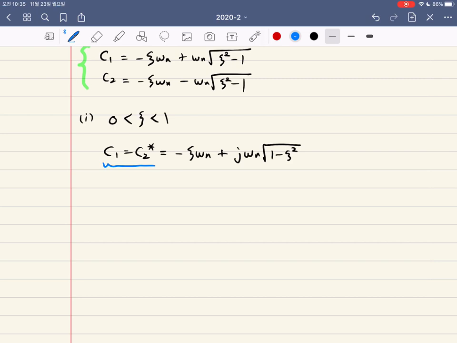I express the relationship of C1 and C2 like this because they are complex conjugate to each other. The meaning of the complex conjugate is that you have the same real part, however the sign of the imaginary part is reversed, is opposite. Okay?